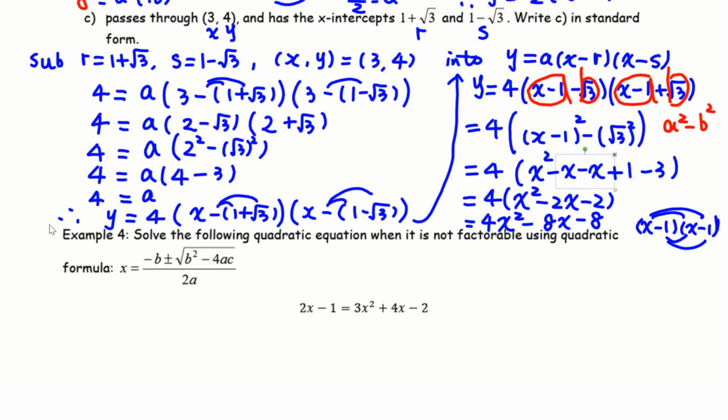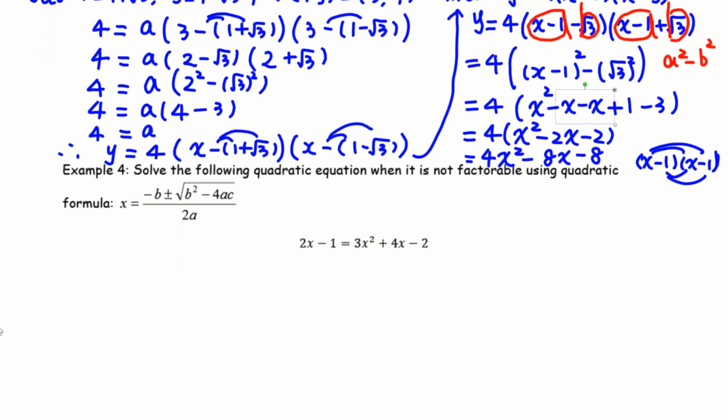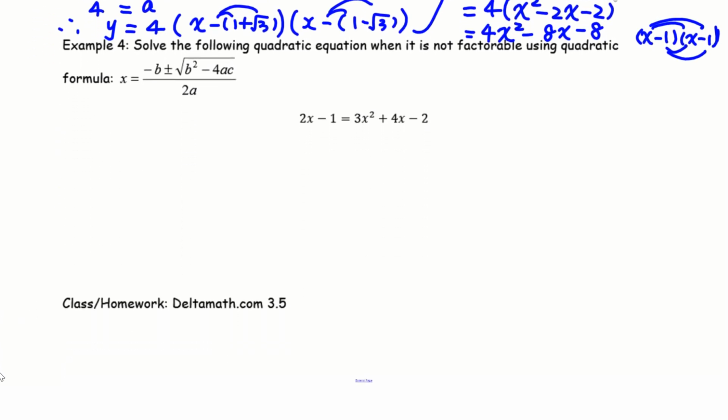So 3 points for a quadratic equation, you are able to find the quadratic equation for that quadratic function. And for vertex, you only need 2 points. Vertex plus another point. And the last question we are going to see, if an equation is not factorable, how we can solve for the zeros.